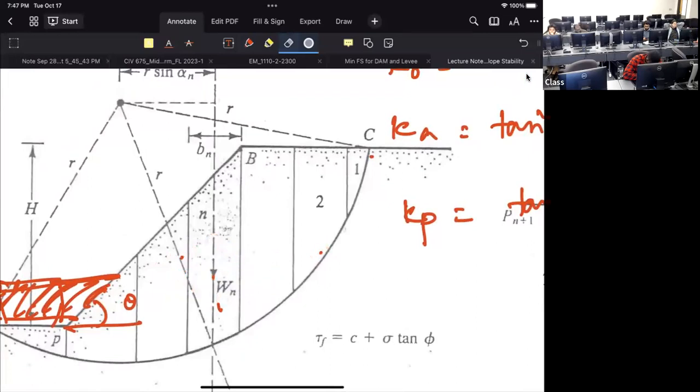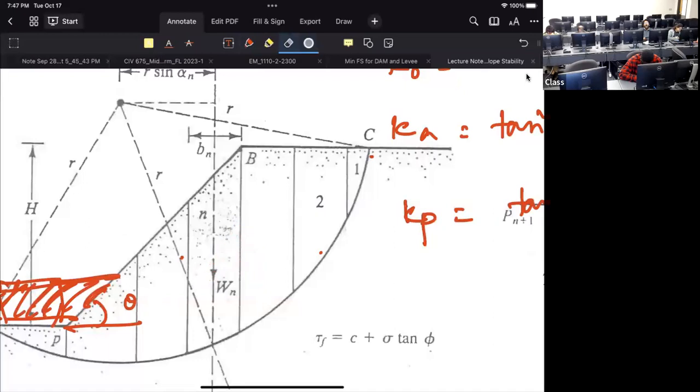Let me try to draw it again. You get an angle, and then you get your right angle. So which one is your theta? If this is 90 minus theta, then this is theta.